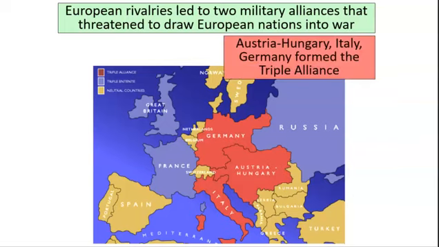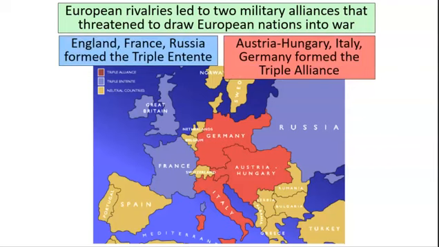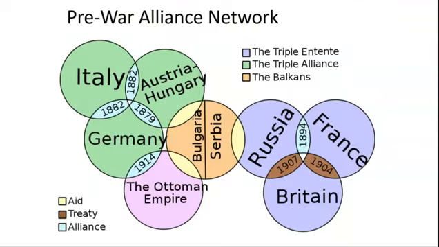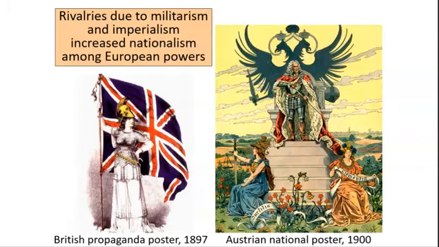For instance, you have the Triple Alliance of Austria-Hungary, Italy, and Germany. You have the Triple Entente of France, Great Britain, and Russia. All of these interlocking things help to cause the start of the war.